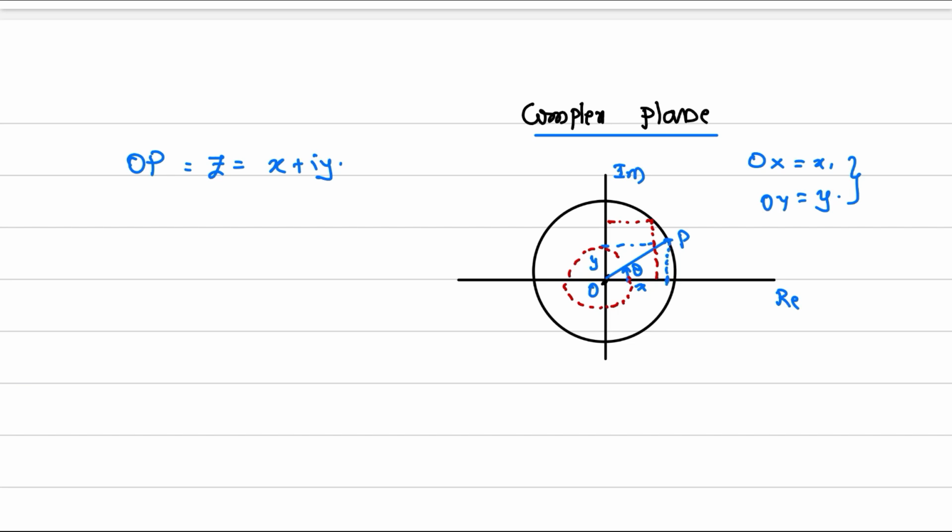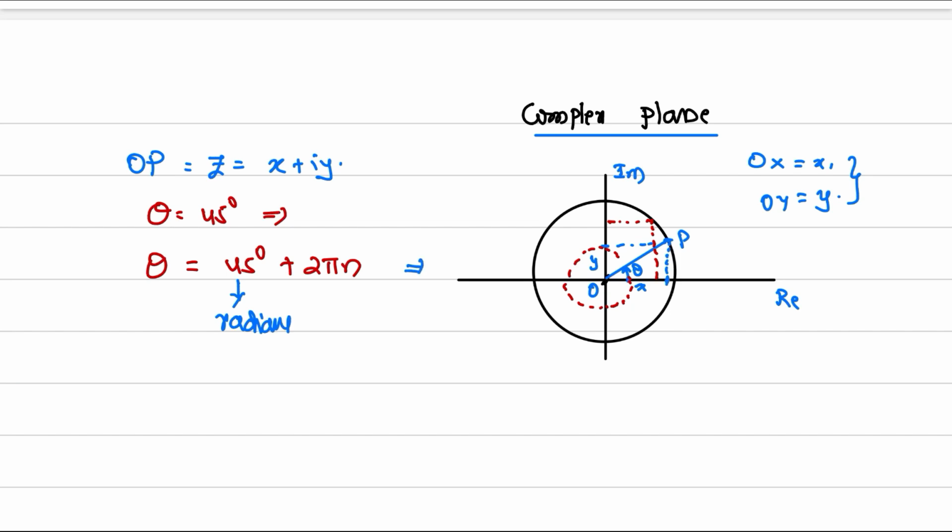For theta, let us say theta is equal to 45 degrees, then theta will be 45 degrees plus 2 pi n. You can convert 45 degrees into radians as homework.